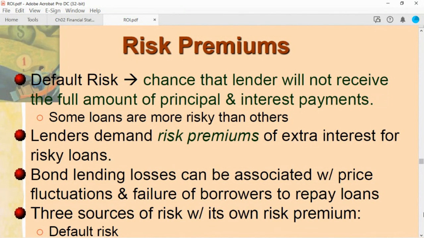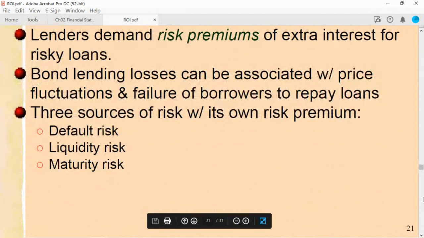And as the default risk goes up, in other words, credit worthiness goes down, then you apply a higher interest rate. Those interest rates above the prime rate can be considered as risk premium. Progressively increasing interest rates represent risk premium, right?